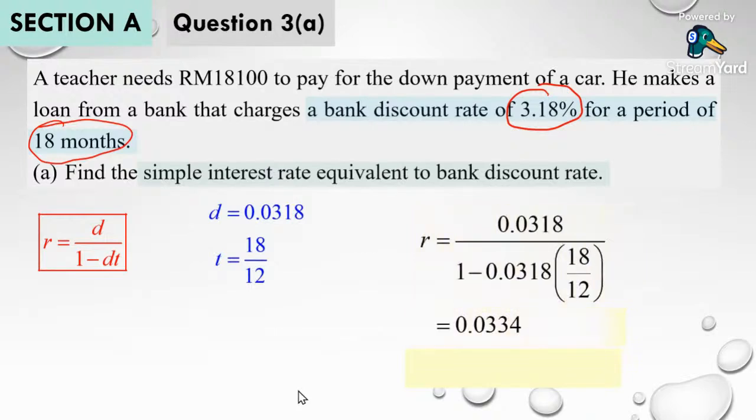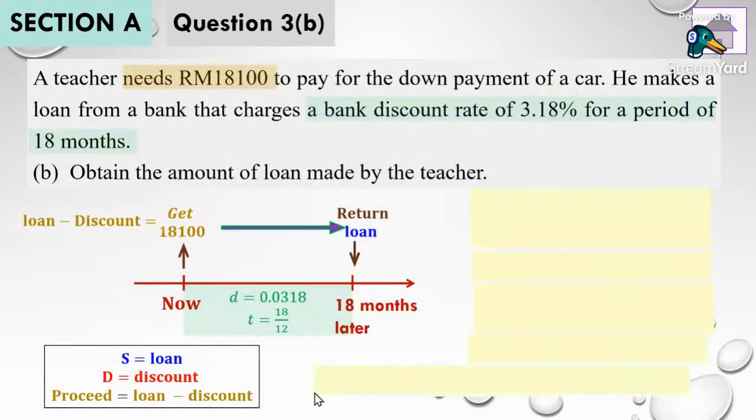So question number 3, this is the answer that we have for the interest rate, 3.34%. Okay, then we continue on the 3B. For 3B, now we want to find the amount of loan made by the teachers.